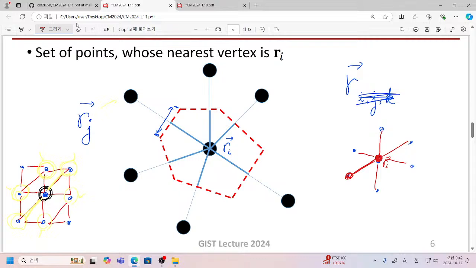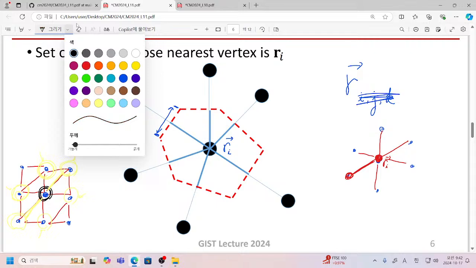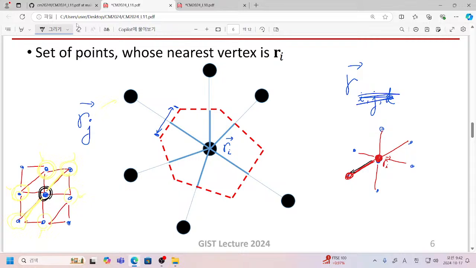However, another question is, what is the area normal to this edge? Here we have a certain edge, and we can consider a certain normal plane, which is perpendicular to this direction. And what is the area of this plane? That can also be asked. Since the visualization of 3D is quite tricky, please do your imagination in your place.